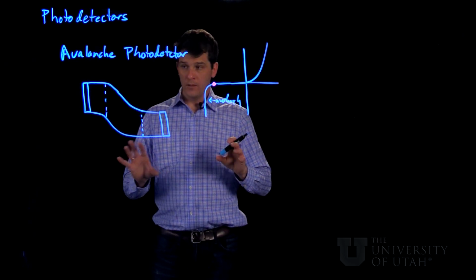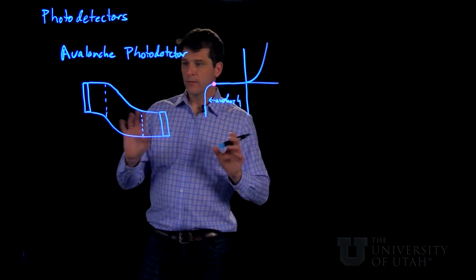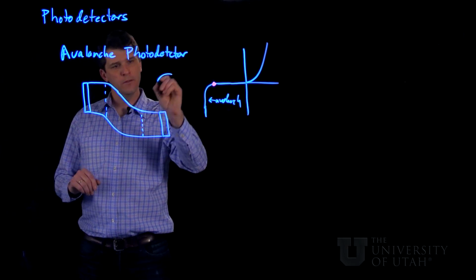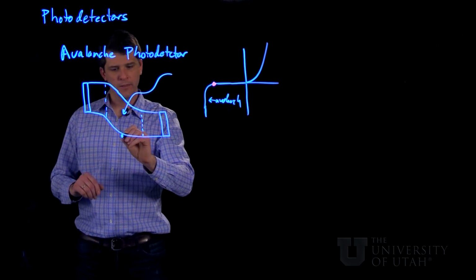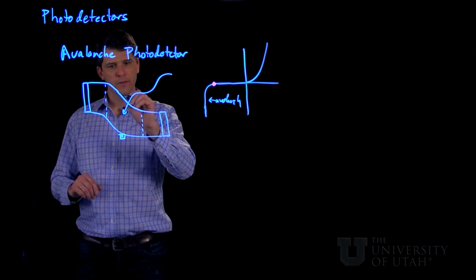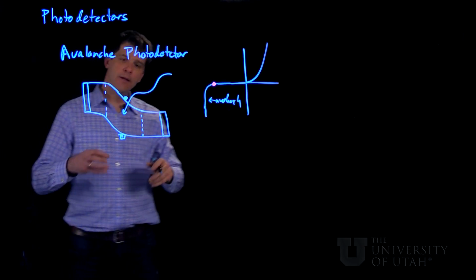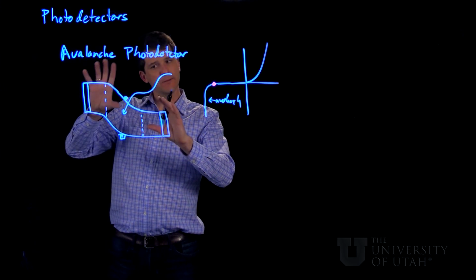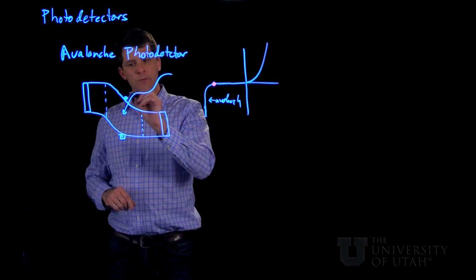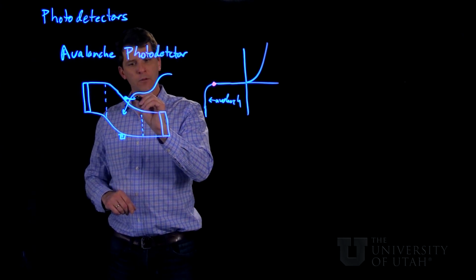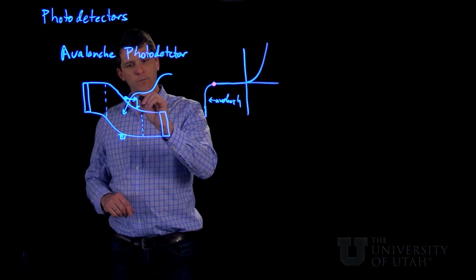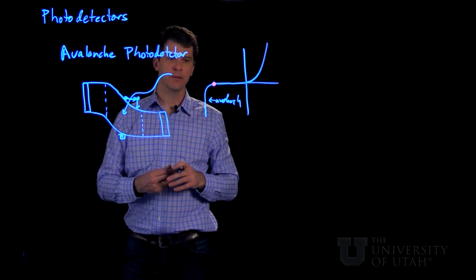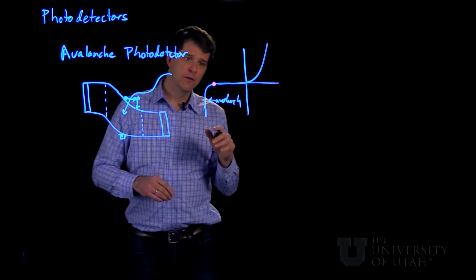Now, what you see, which is really cool, is that if you come in with a photon and generate an electron-hole pair here, the fact that now there's more minority and majority carriers around in this very large electric field region means that some of these carriers on their way out will actually generate extra electron-hole pairs and get this avalanche multiplication.